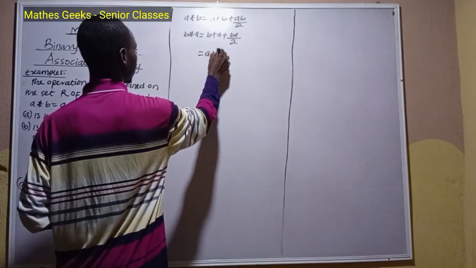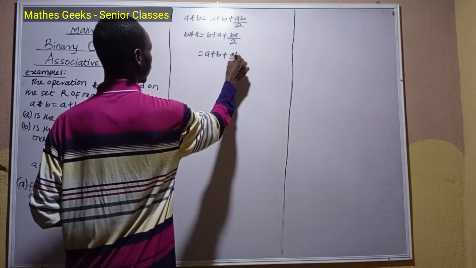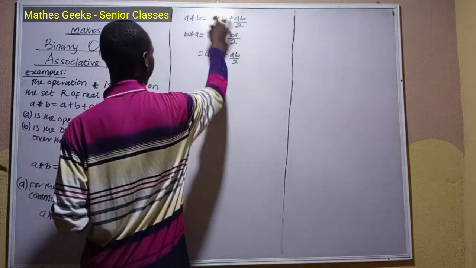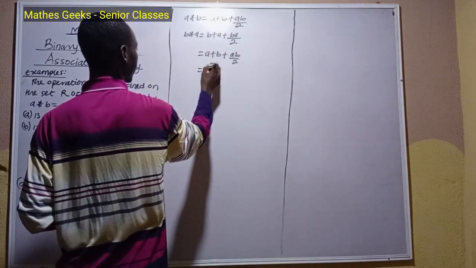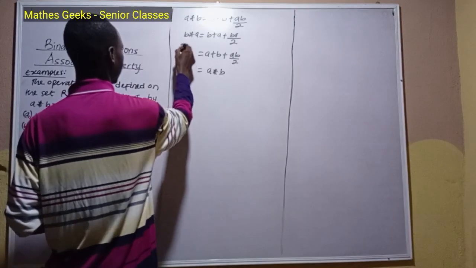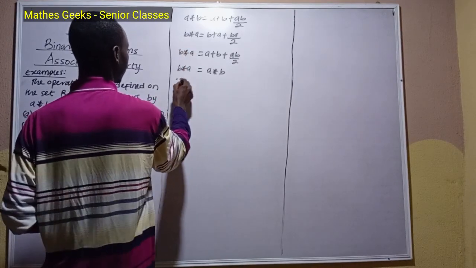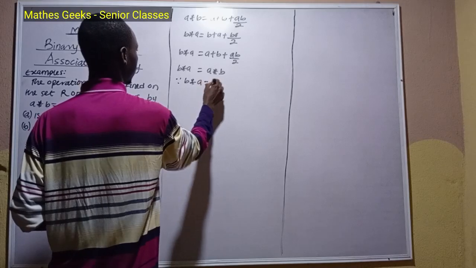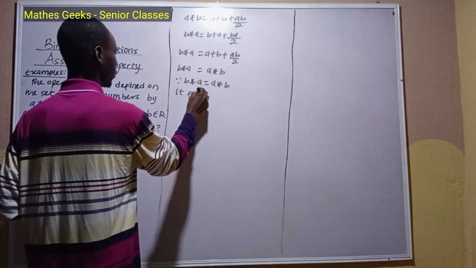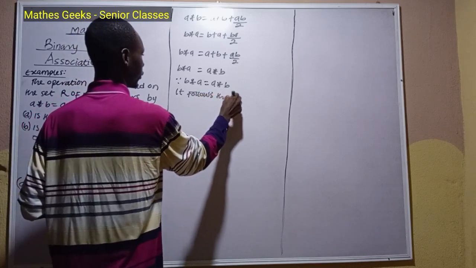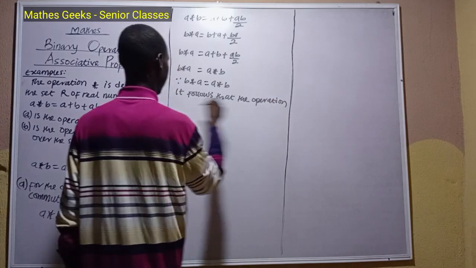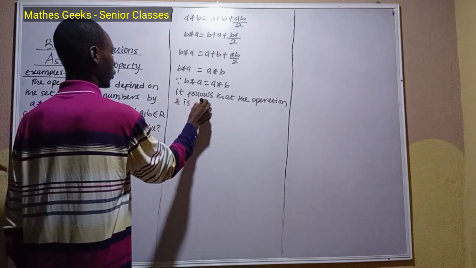So this is the same as A plus B plus AB over 2. If you look at what you have here, it is the same as what you have here. So you can see that this part is equal to A star B, and this is B star A. So this implies that B star A is equal to A star B. So it follows that the operation star is commutative.